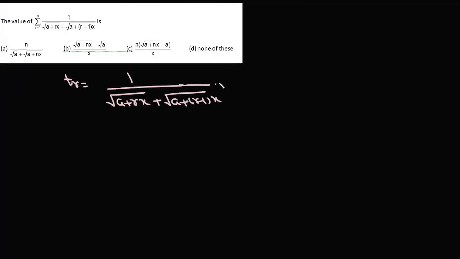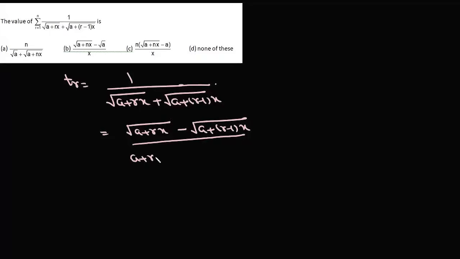Now here the question is we need to find the value of this summation. So we write its general term Tr, it is 1 upon under root of a plus rx plus under root of a plus r minus 1 x. Now what we'll do is we'll rationalize it. So we can write under root of a plus rx minus under root of a plus r minus 1 x upon, this is a plus b into a minus b, so there will be a square minus b square.